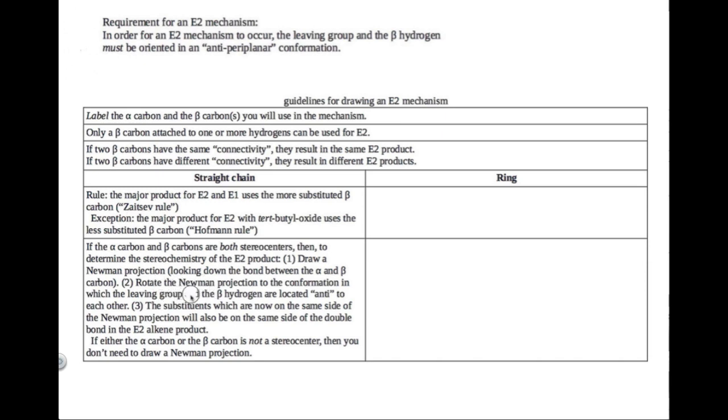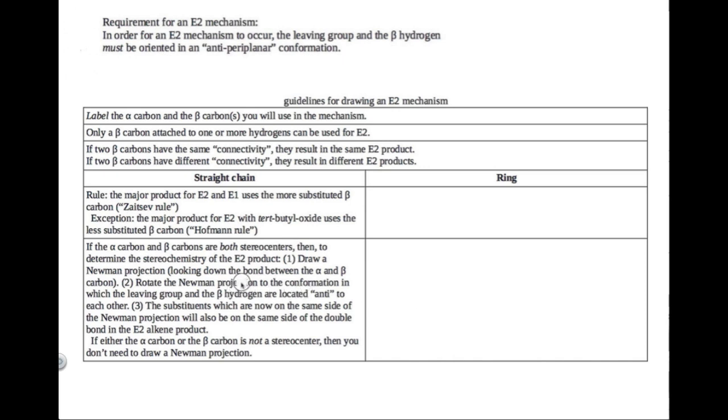So once you've accomplished that, now the substituents which are on the same side of the Newman projection will also be on the same side of the double bond. That tells you how to draw the correct stereochemistry for the E2 product. Obviously, we will be illustrating how to use this guideline on actual problems very shortly.